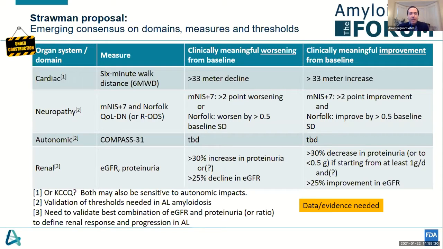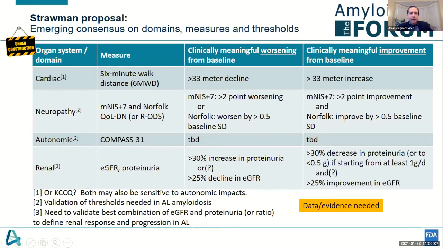For neuropathy, consistent with trials in TTR amyloidosis, we've thought about an MNIS plus the Norfolk, and there are thresholds available for those. They haven't been validated yet in AL, but it seems clear that we'd want a combination like this to represent the neuropathy domain. Similarly, COMPASS, as was discussed, stands out as a very attractive endpoint, but still needs some validation in AL.